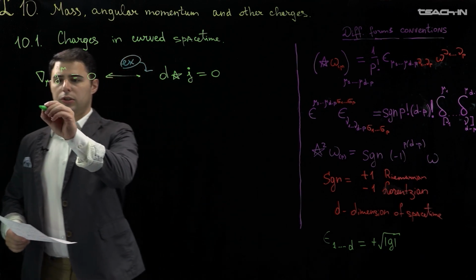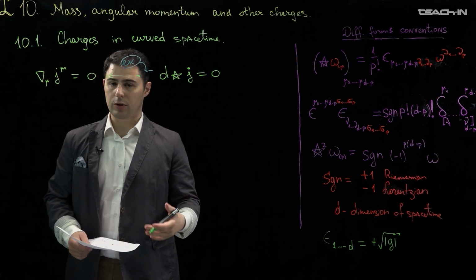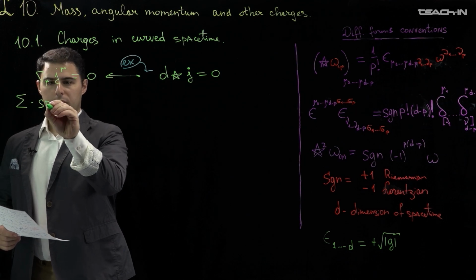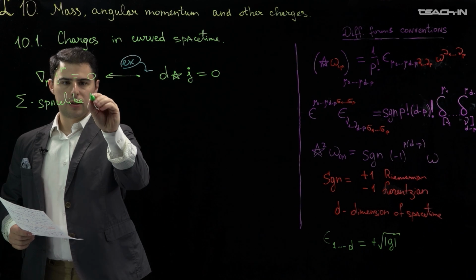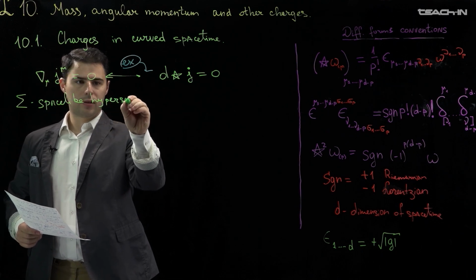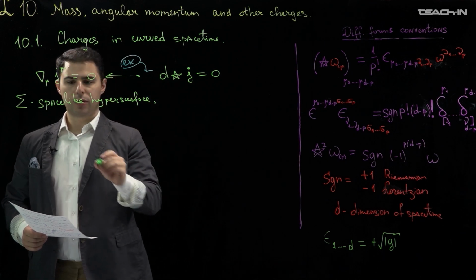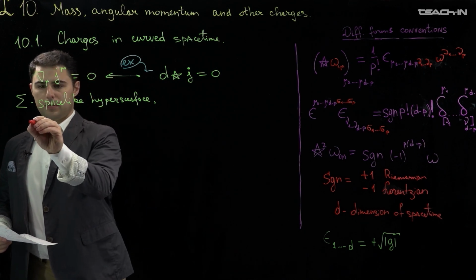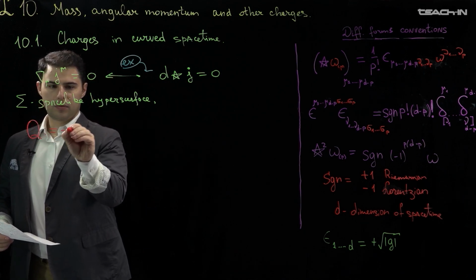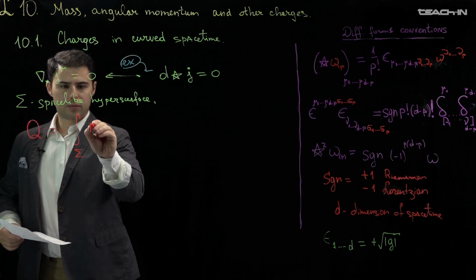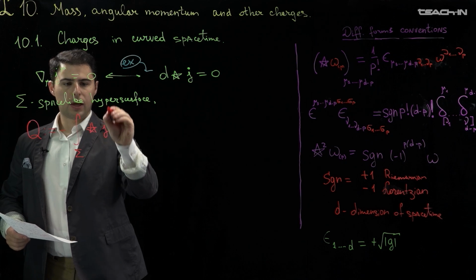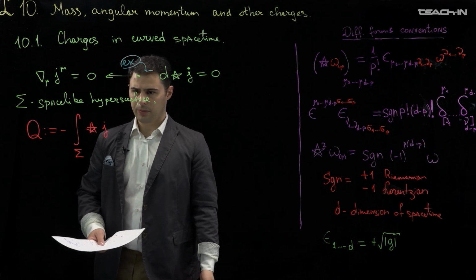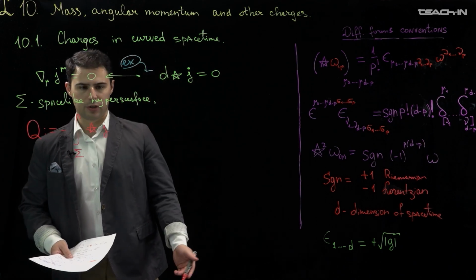So we can define the charge on a spatial hypersurface, on a space-like hypersurface sigma, as follows. We have sigma as a space-like hypersurface, and we can define the charge as the integral over the Hodge dual of the conserved current.